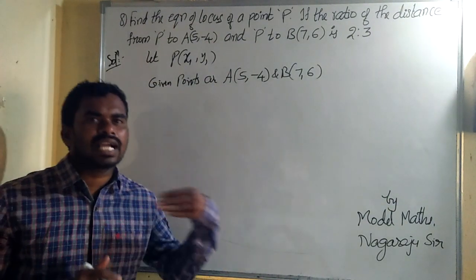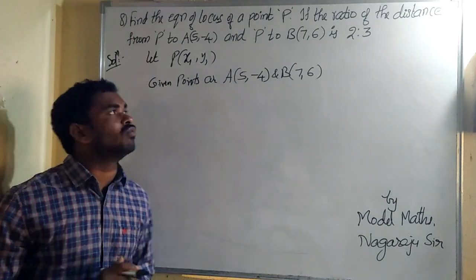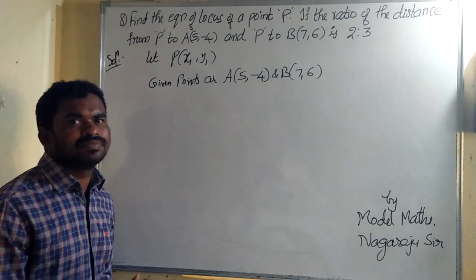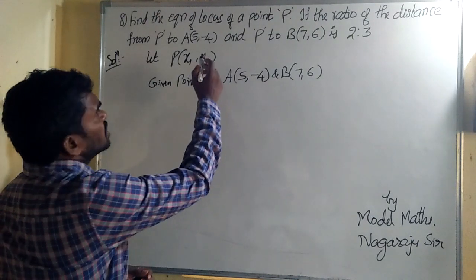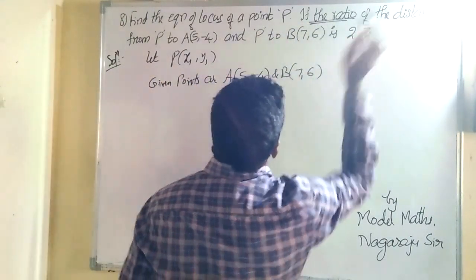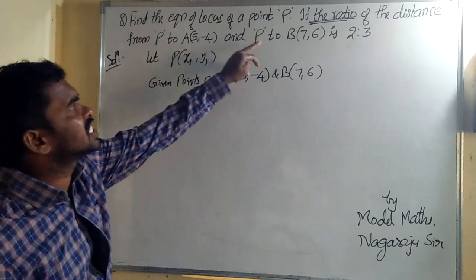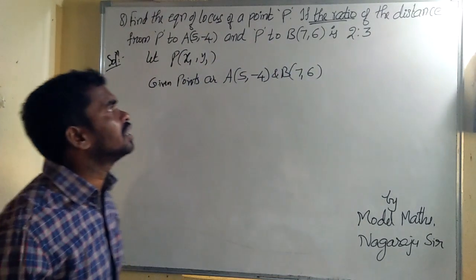Then next, what is the condition? Because based on the condition we have to move. What is the condition? The ratio of the distance from P to A and the distance from P to B is 2:3.